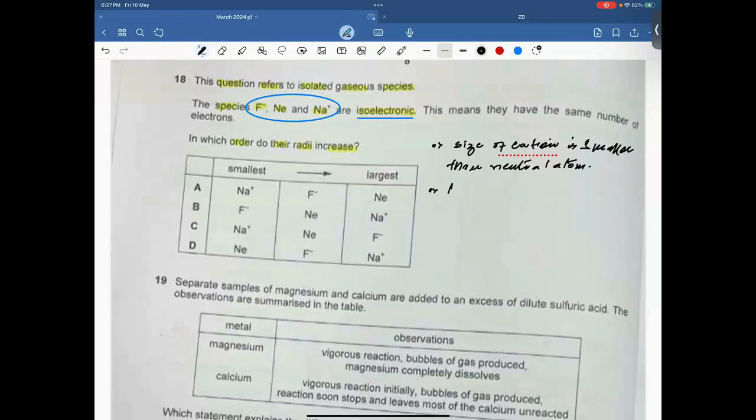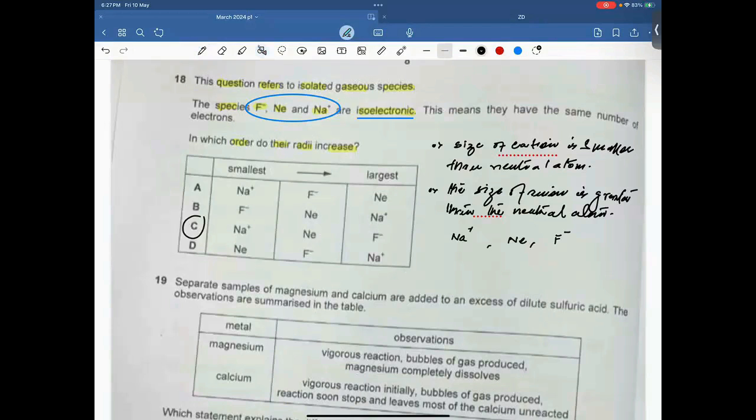Similarly, the size of an anion is greater than the neutral atom because of electronic repulsion, which means fluoride has the largest radius and the sodium ion has the smallest radius, and obviously neon has to be between them. So I think C is going to be the right answer.